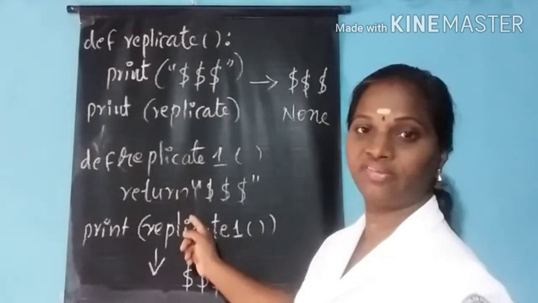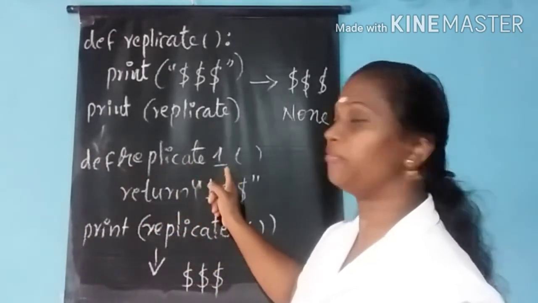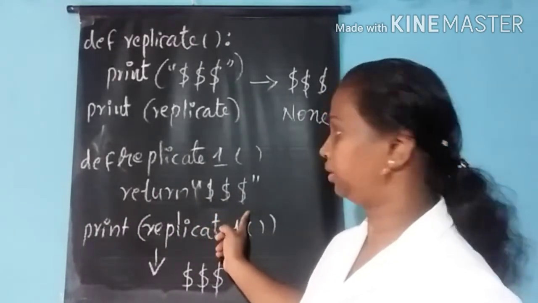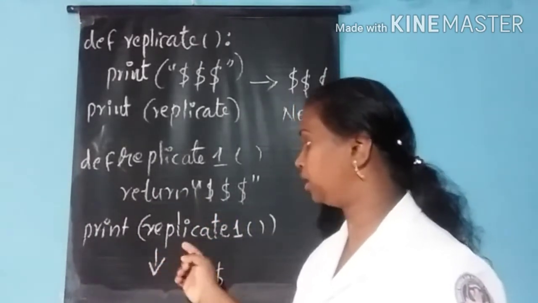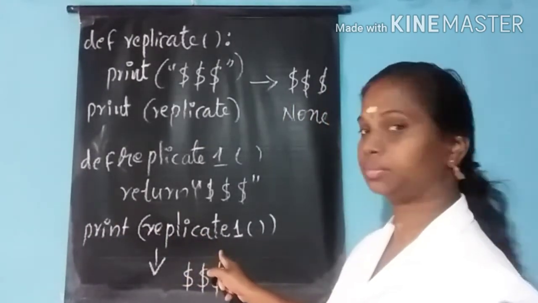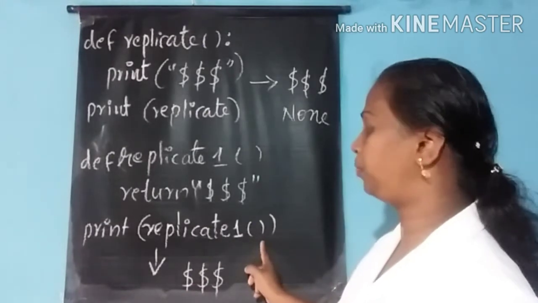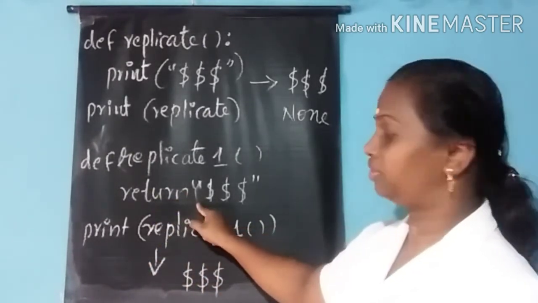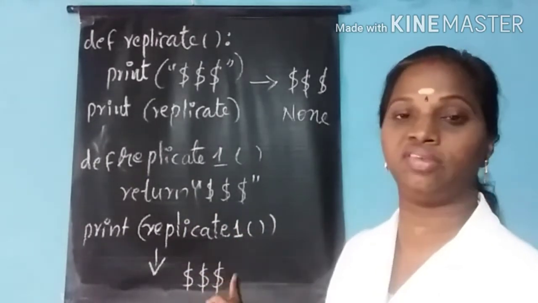See another example, def replicate 1, return the $3 symbol. When we call this function using print replicate, what will be the output? Here there is one return statement. That's why it prints this dollar symbol only.